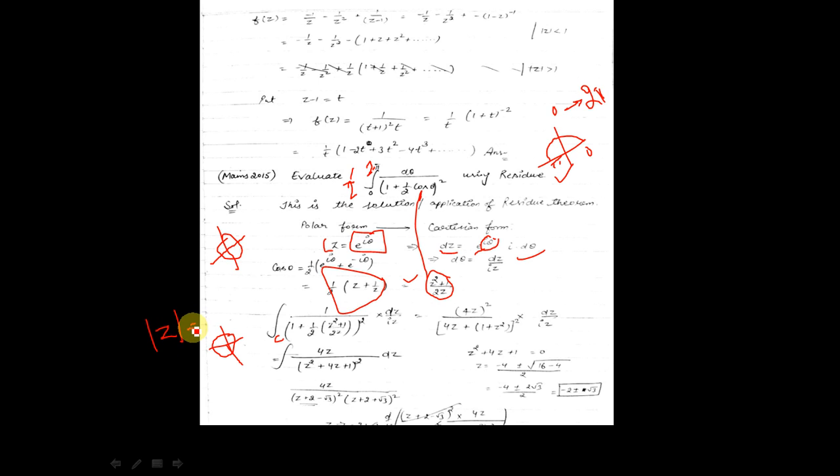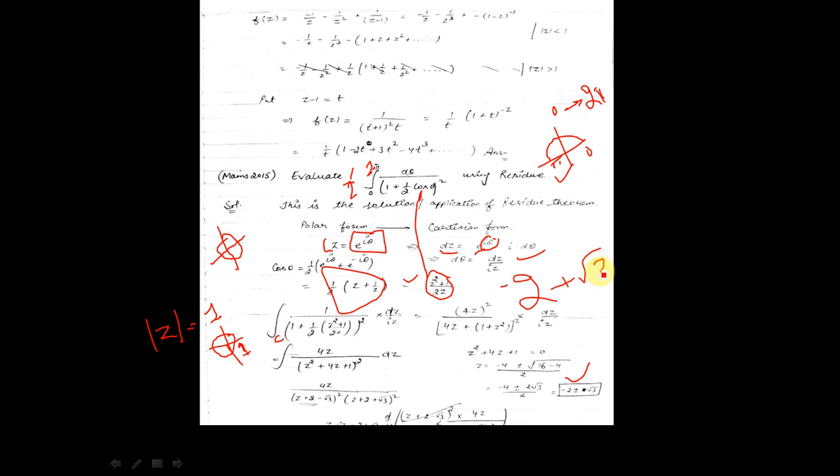After simplification, you get two poles, minus 2 plus minus root 3. Only one of them, minus 2 plus root 3, lies within the circle.